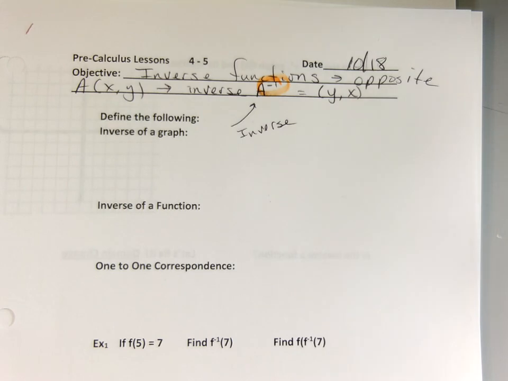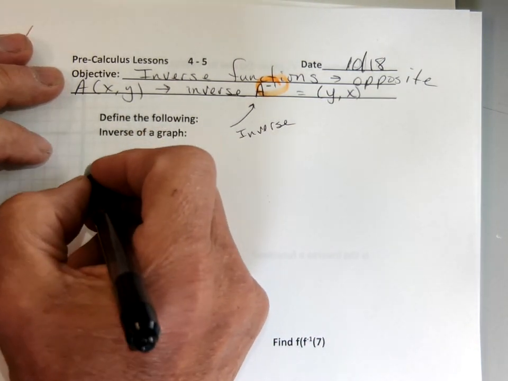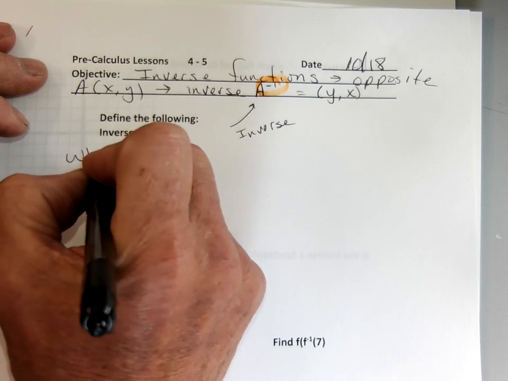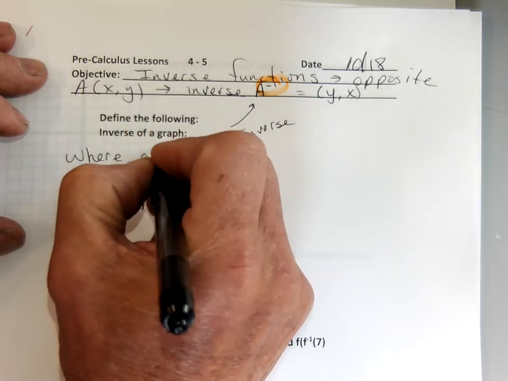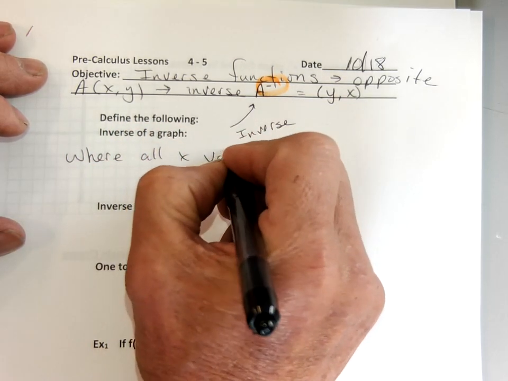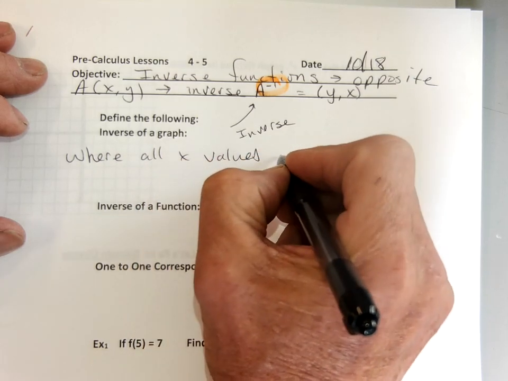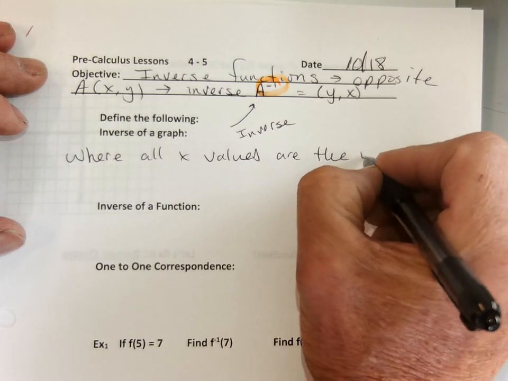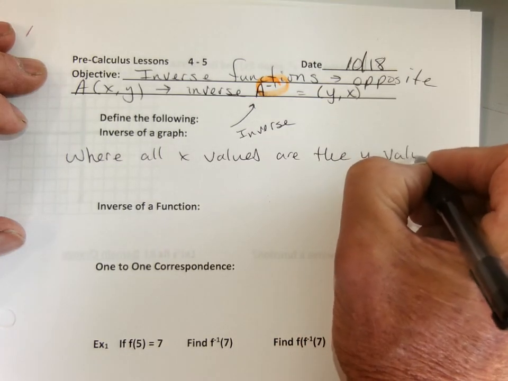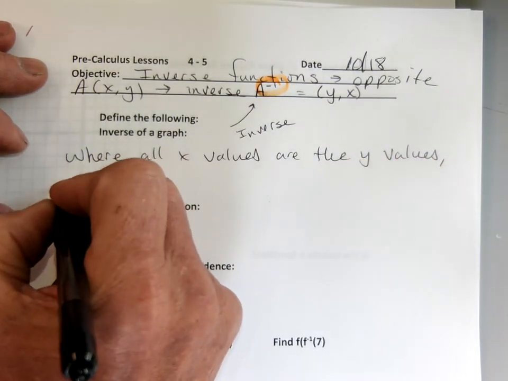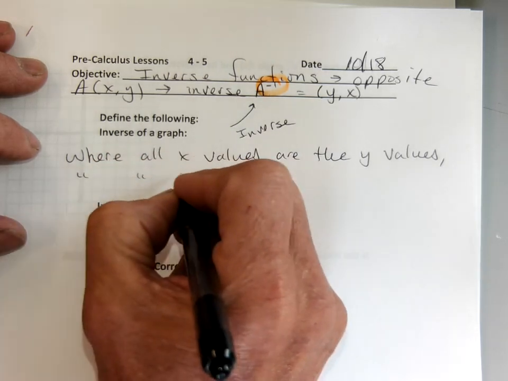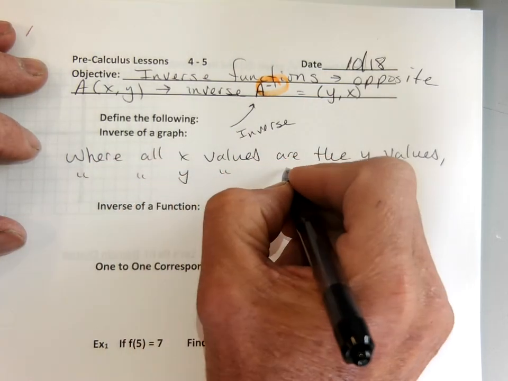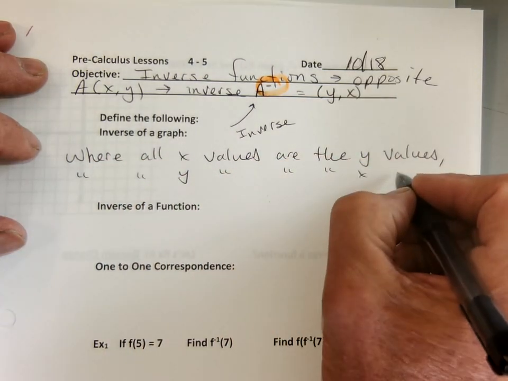Okay. So define the following. Inverse of a graph. So the inverse of a graph is where all x values are the y values and the same, where all y values are the x values.